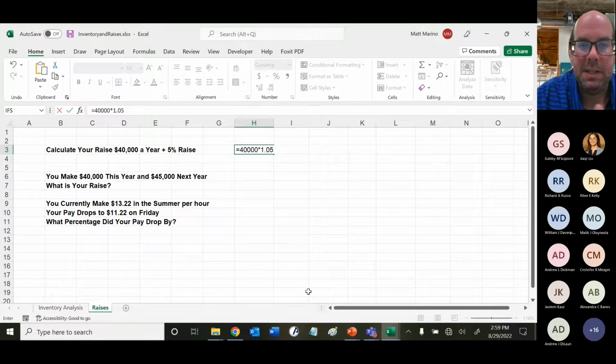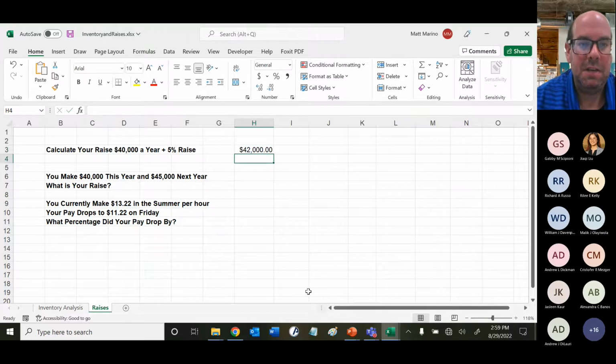So why is it 0.05 and not 0.5? Because 0.5 would be a 50% raise. Yep. So make sure you always keep that in mind. Some people in the past have made mistakes and end up getting the incorrect answer because they did 1.5 and not 1.05.